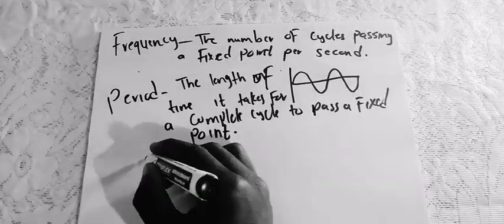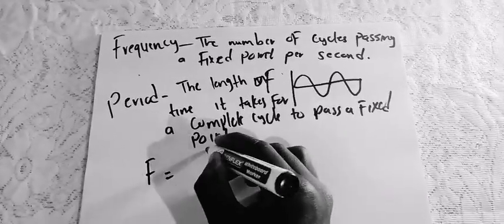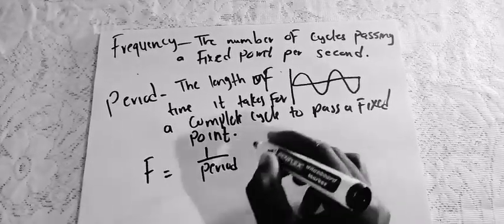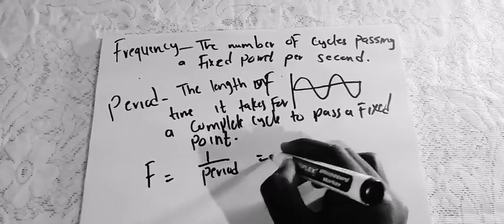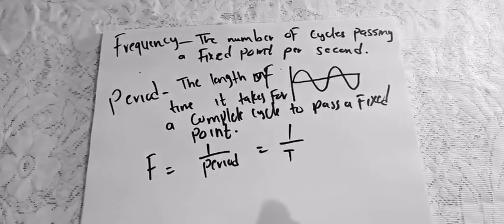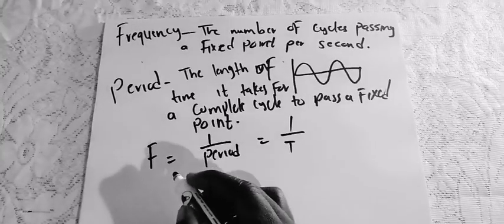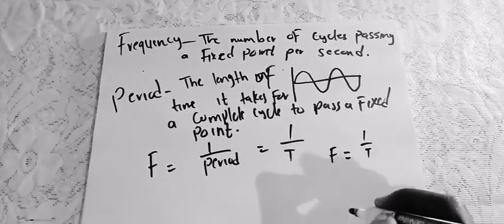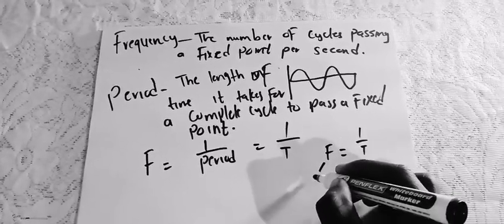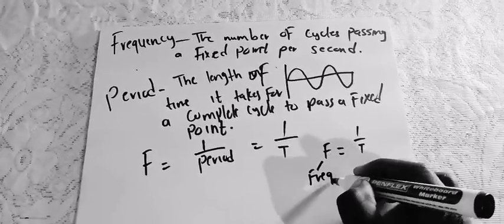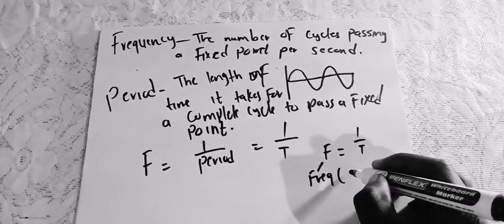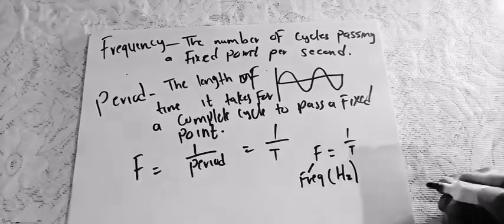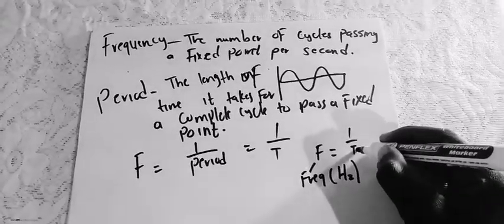This is the formula for frequency: f equals 1 over T, where T is the period. Frequency is measured in hertz or per second, which is s to the power negative 1.